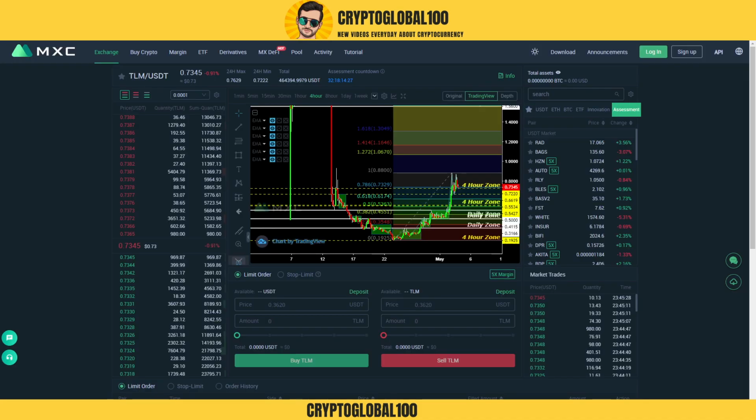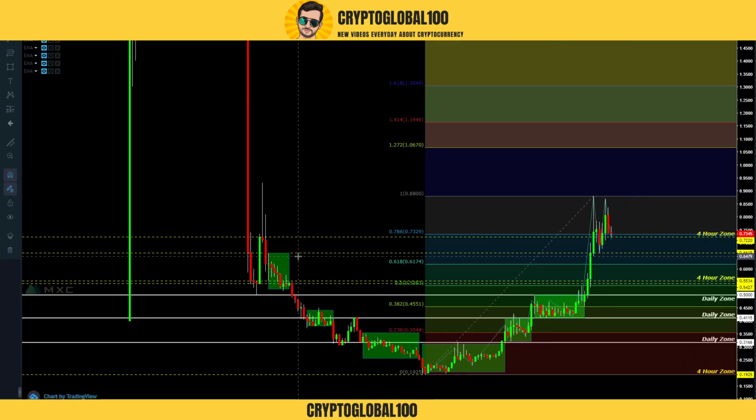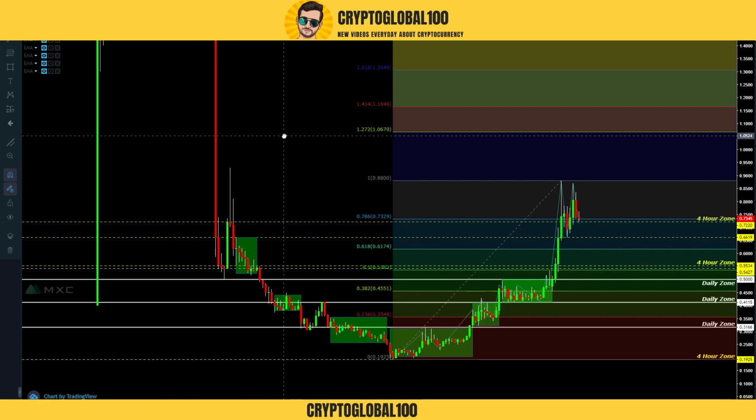So that's why I'm using this MXC exchange chart, and I have also already drawn the resistance and support zones, supply and demand zones, and Fibonacci levels, so that the video does not get too large.